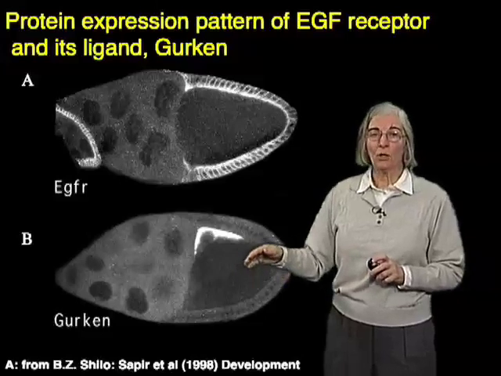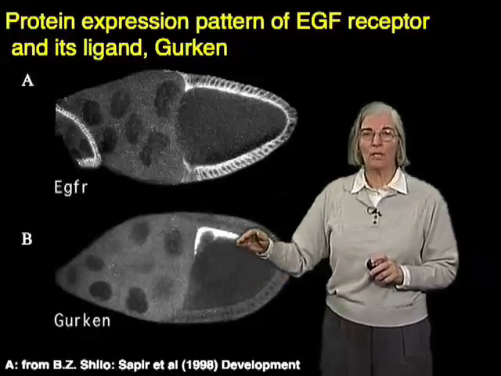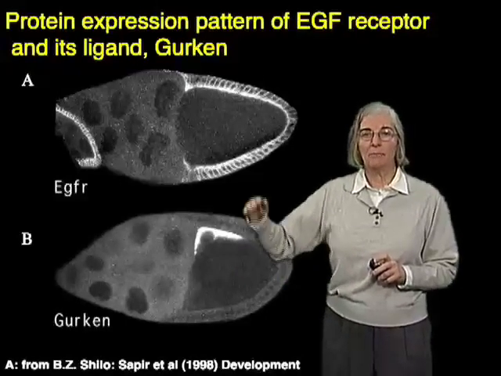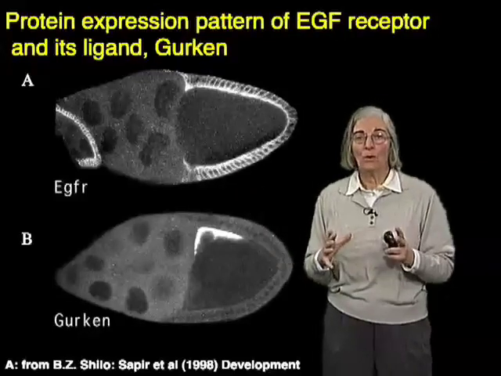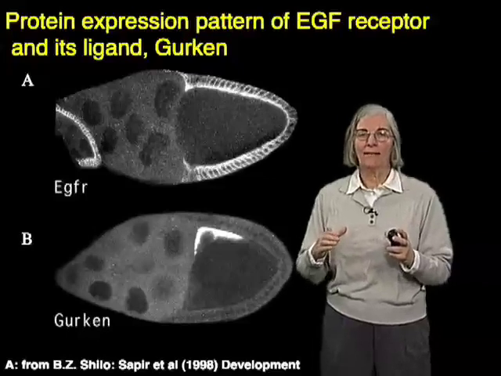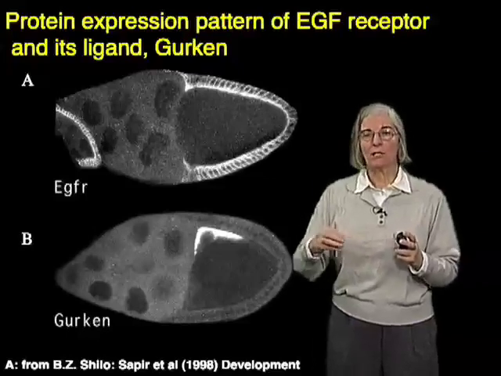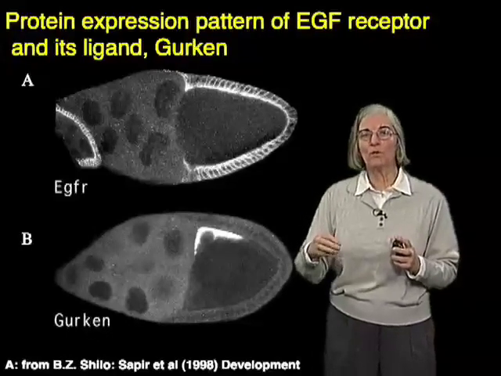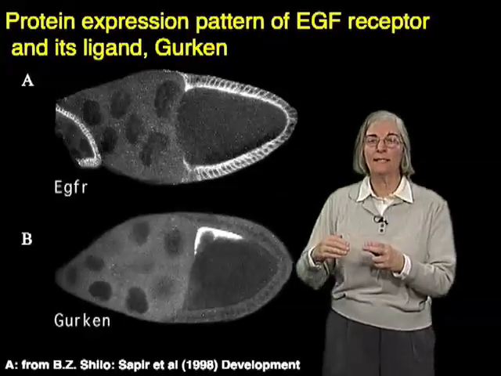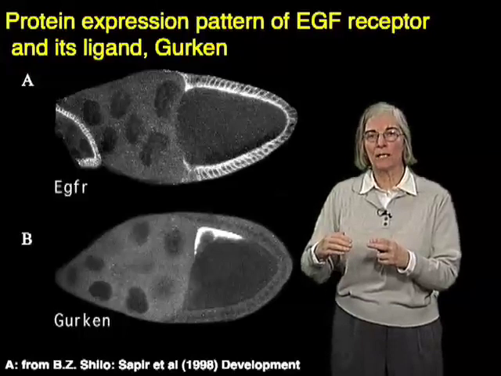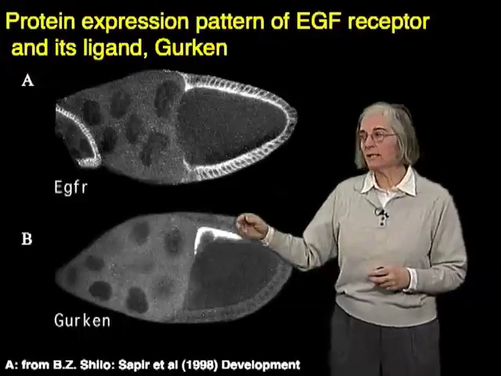Remember, Gurken encodes a signaling molecule, and this can then bind to the EGF receptor. So now we can understand that the oocyte, which has localized its oocyte nucleus to one side of the egg chamber, uses Gurken now to signal the position of the oocyte nucleus to the overlying follicle cells.